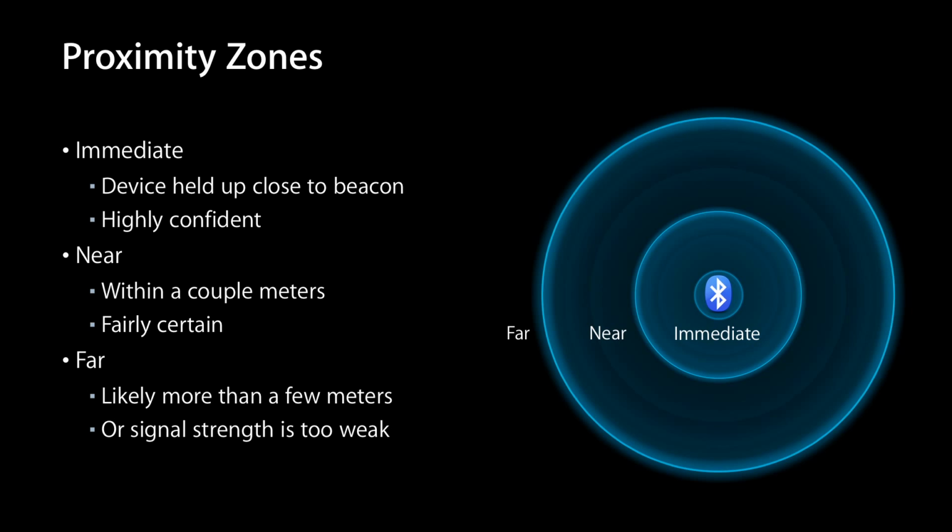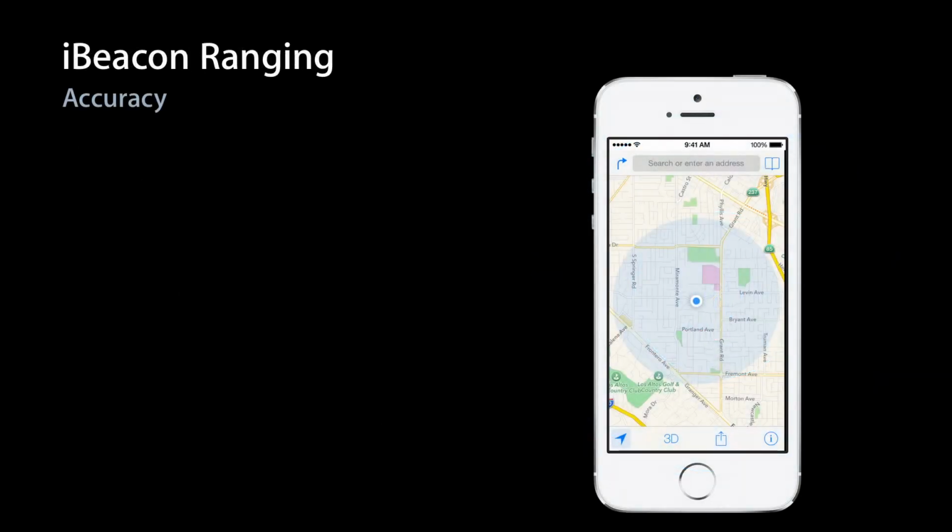This whole notion of signal strength and the accuracy and the proximity is really the important part that I want to focus on here today. In order to understand how the signal strength affects the accuracy, I want to draw a parallel to how GPS works in Maps, right?